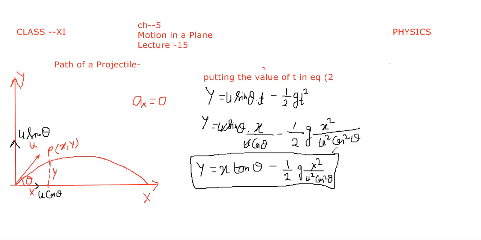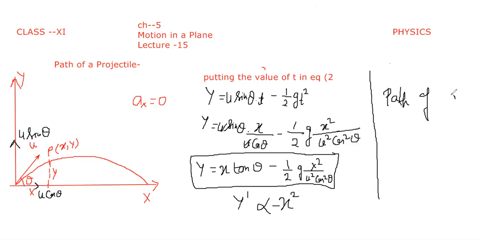In this equation, we see that y is in single power and x is in double power. So y is directly proportional to minus x square. If this happens, then the path of the projectile is parabolic. So all of you write: path of a projectile is parabolic.